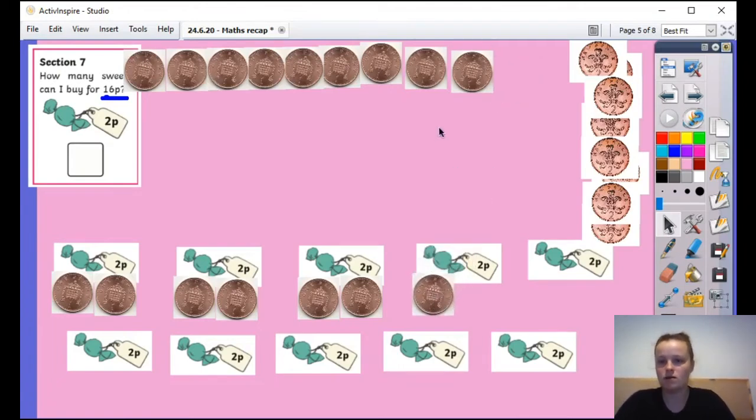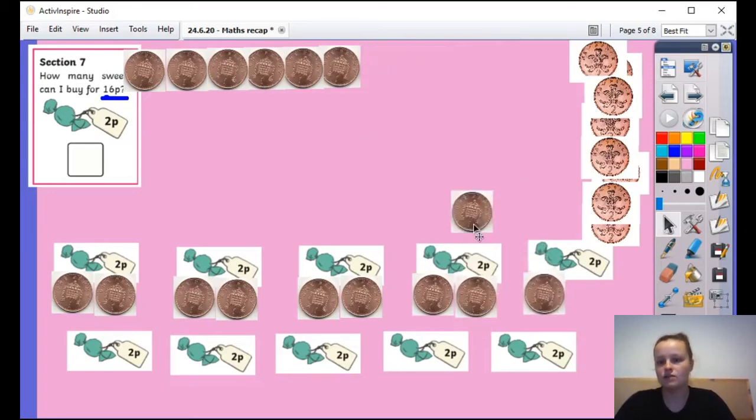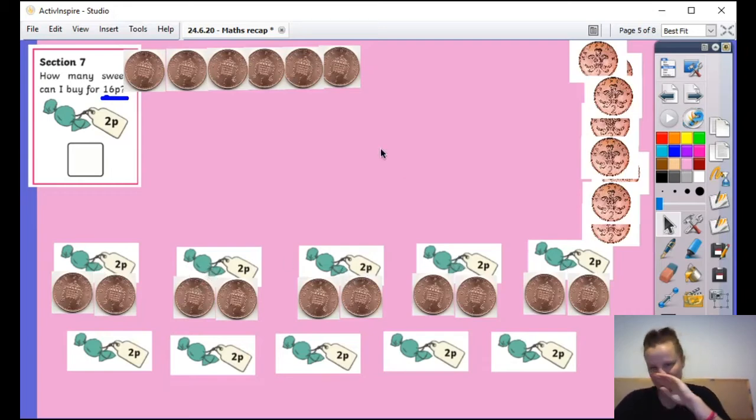So let's carry on. 1, 2, lovely, 3, and 4. Okay, so let's see how many sweets I've got this time. I've got 1, 2, 3, 4, 5. I've got 5 sweets. Let's see how much 5 sweets cost me.